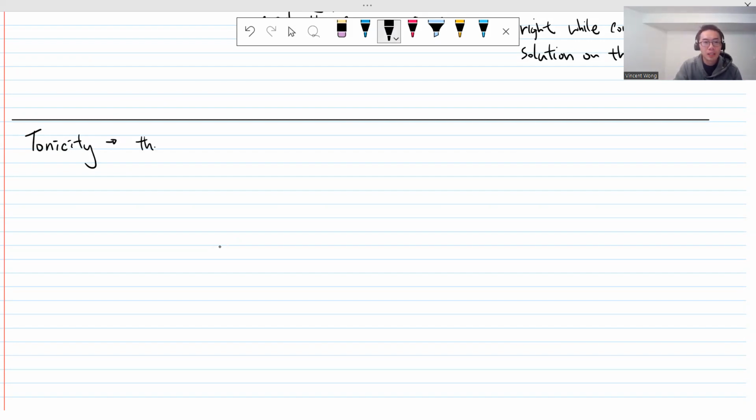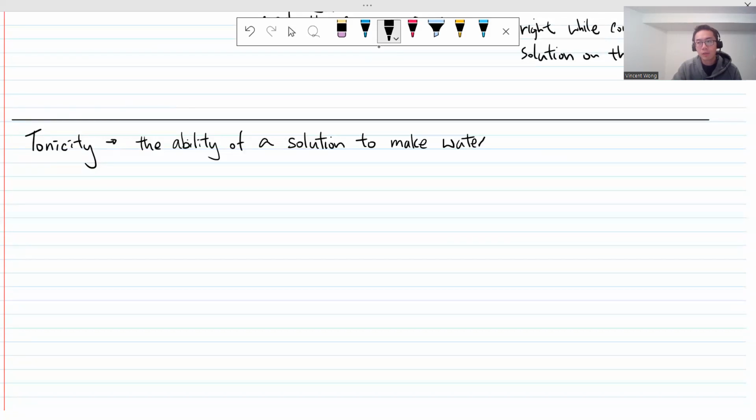Tonicity refers to the ability of a solution to make water move into or out of a cell by osmosis.